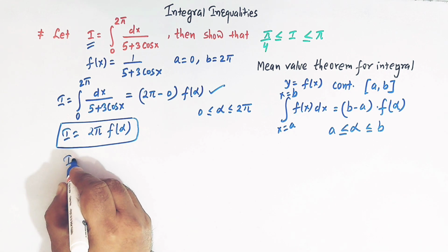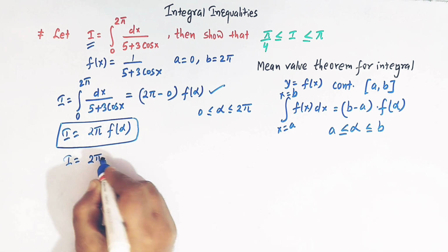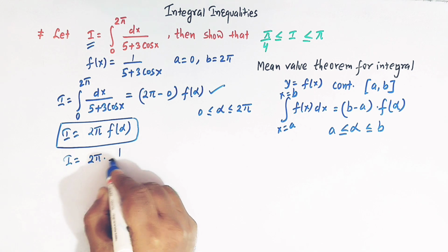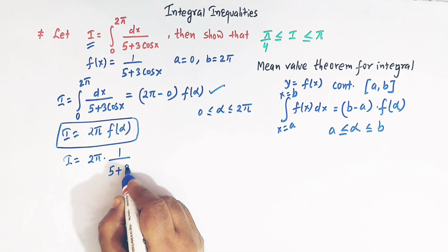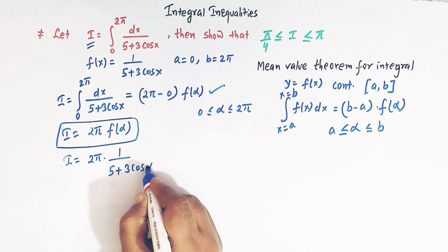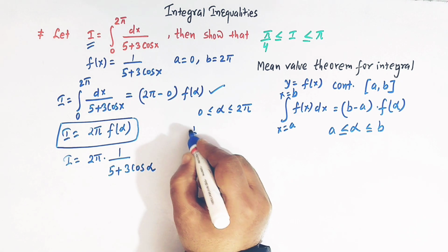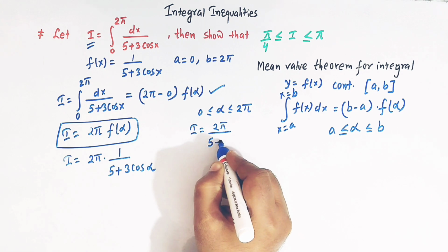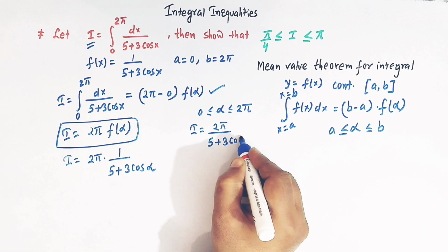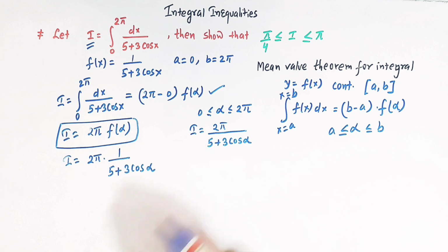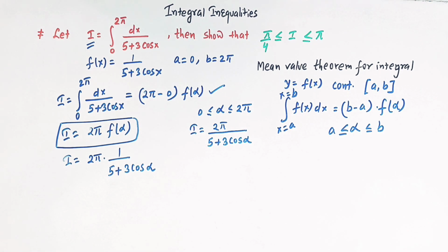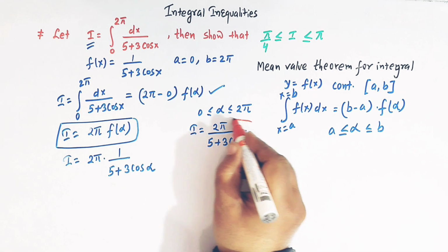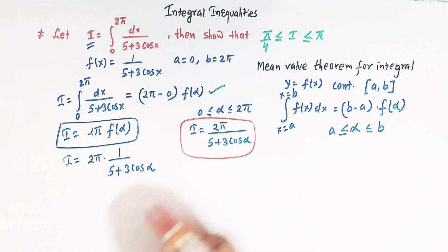So we can write I is equal to 2 pi times 1 over 5 plus 3 cos alpha. So I is equal to 2 pi over 5 plus 3 times cosine of alpha. So now we have this expression, right?